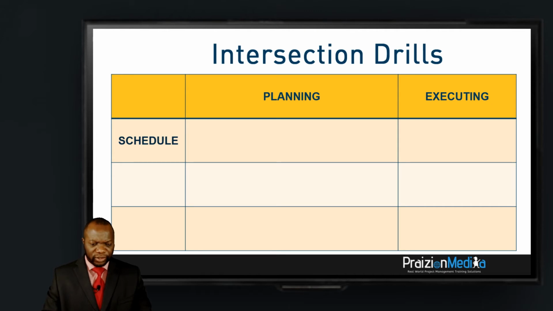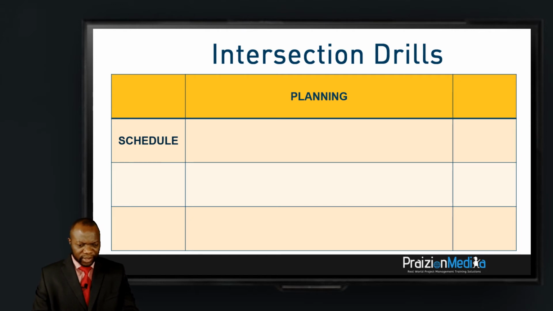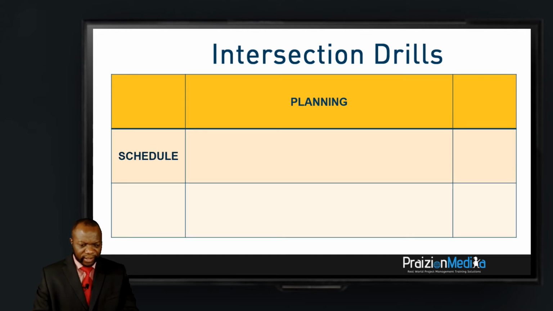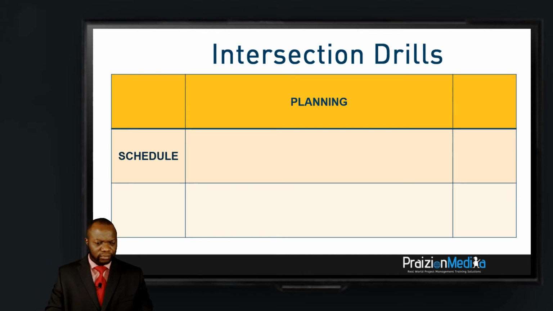So my question to you is, what do you get in the intersection point for schedule and planning? Schedule and planning, what do you get? I'll give you a minute to think about it.